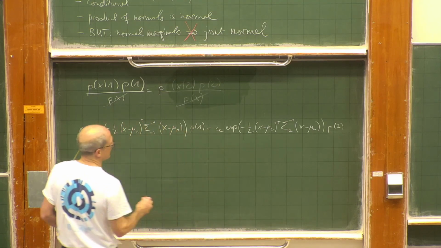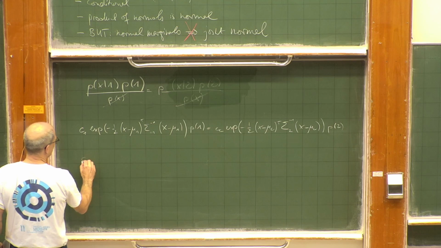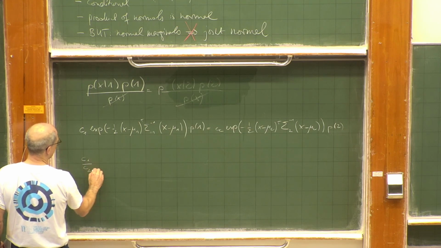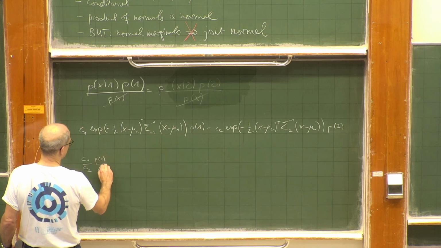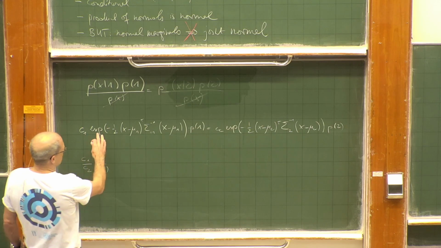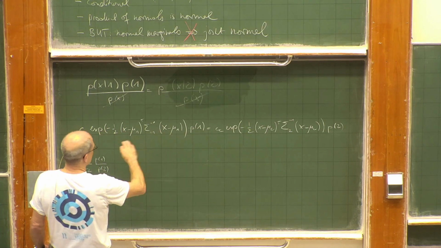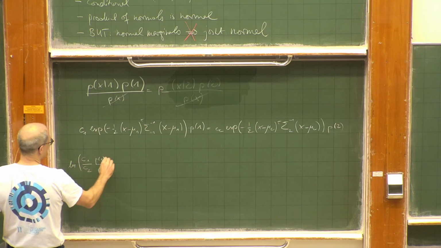Okay, now we try and solve this for x. So we can do C1 divided by C2 times P of 1 divided by P of 2. And then I have these exponentials, so it will be good to take a logarithm here.